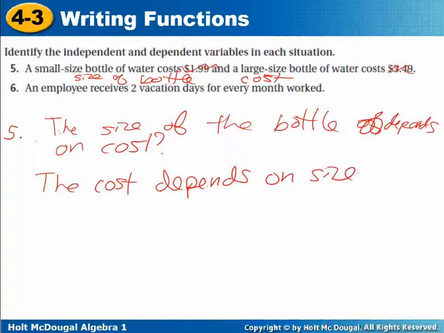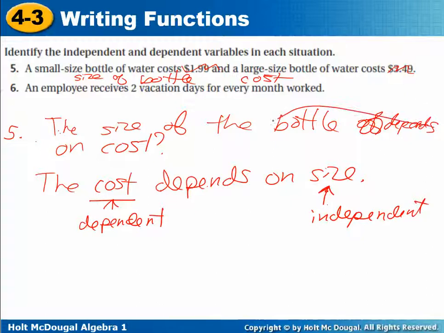Usually, if it is bigger, it'll cost more. So the second one makes more sense, which means that cost is our dependent and size is independent. The first way doesn't make sense. You wouldn't make a bottle and after that decide what the cost was.